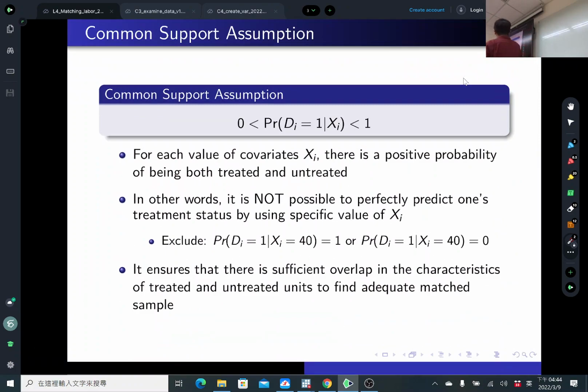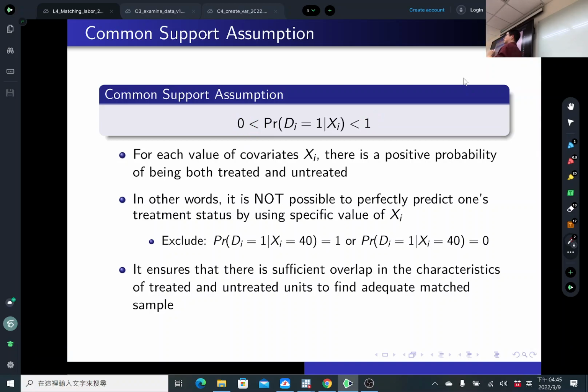But this is one assumption you need. Another assumption you need is the common support assumption. This assumption says that, given some value of your characteristic, for example age 40, within the group of people who are 40 years old, the probability of getting treatment should be strictly between 0 and 1.